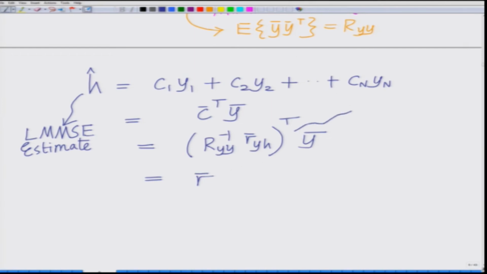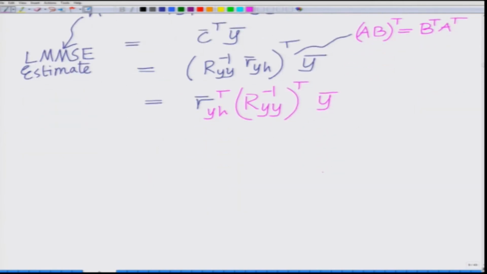We will use the property that AB transpose equals B transpose A transpose, to write this as R bar YH transpose R_YY inverse transpose into Y bar.